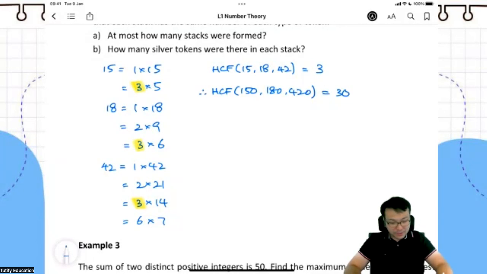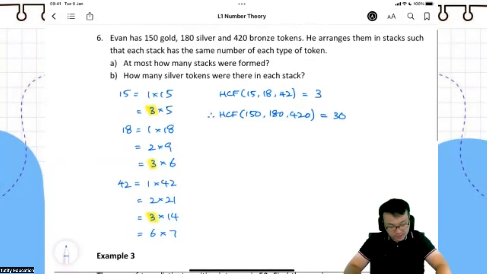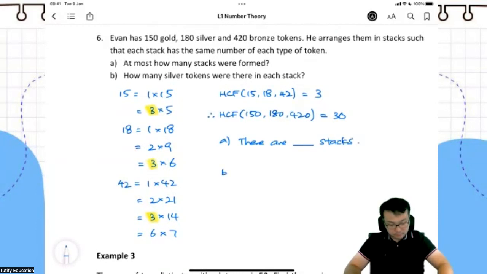Now, Kate, now that we know the highest common factor, can you tell me what is the most number of stacks of coins that you can form? There are 30 stacks. Yes. 30 stacks of coins. And how many silver coins are there in each stack?